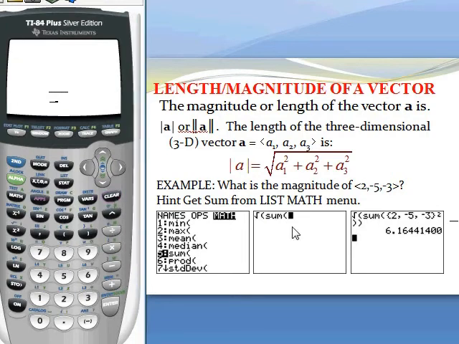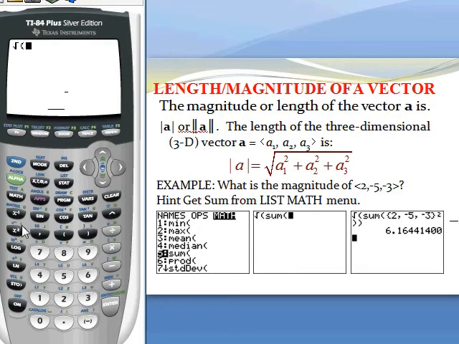So let me show you. You can get the sum feature from the list. And the list is right here, second stack, under math. But first I need to get the square root, because the square root comes first. So let's push the square root.